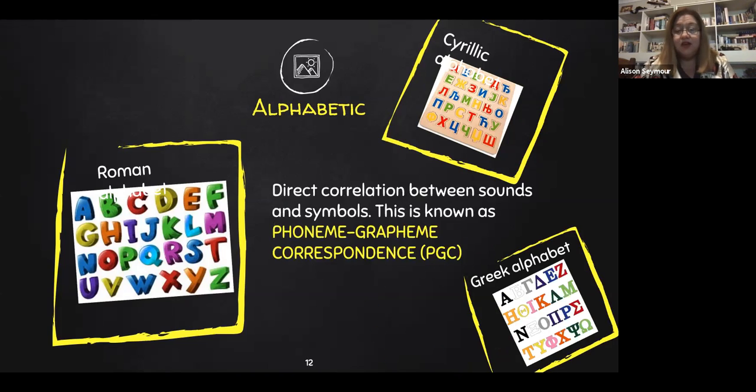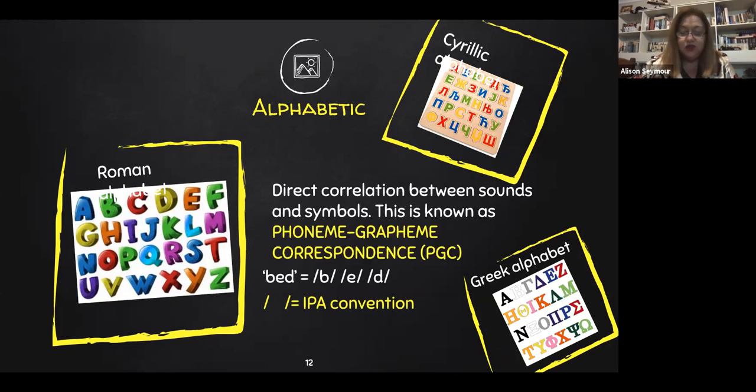So there's a direct correlation between sounds and symbols, which is known as phoneme-grapheme correspondence. For example, the word bed has three sounds: the b, e, and d. For those of you who may not have studied phonetics, the slashes there are a convention used with the International Phonetic Alphabet.